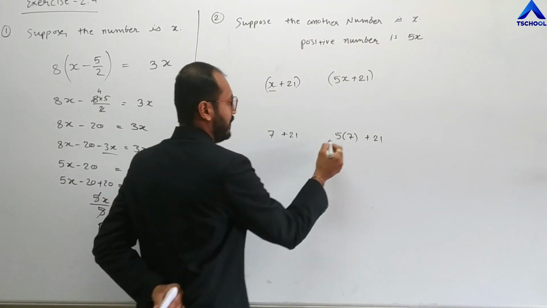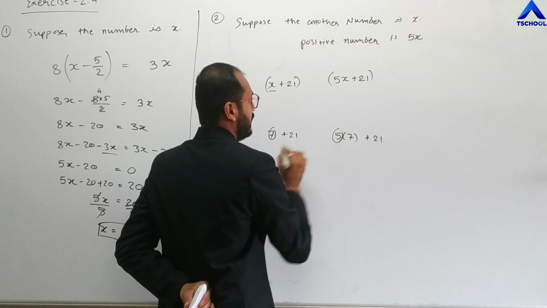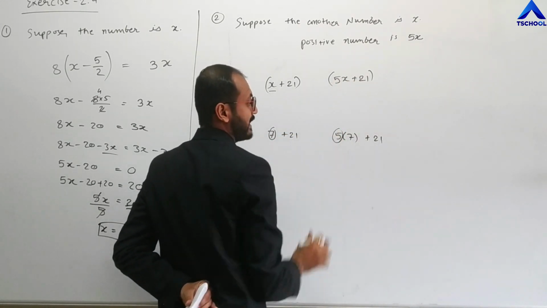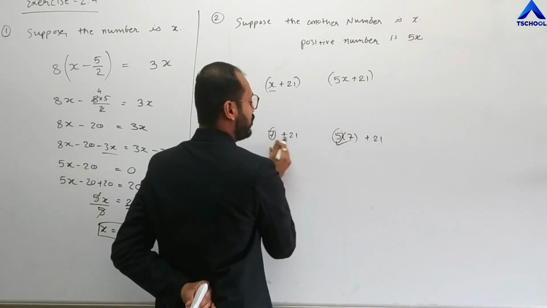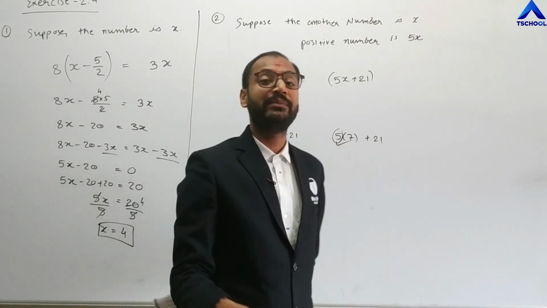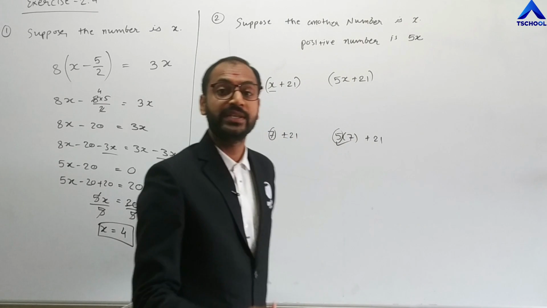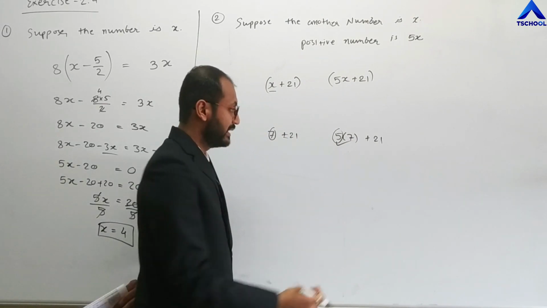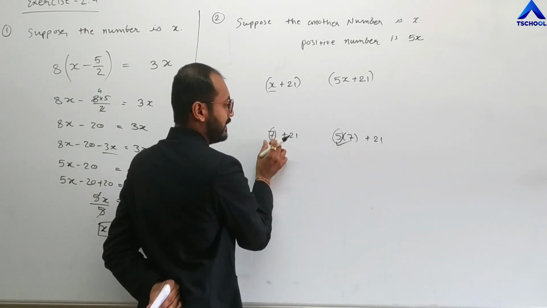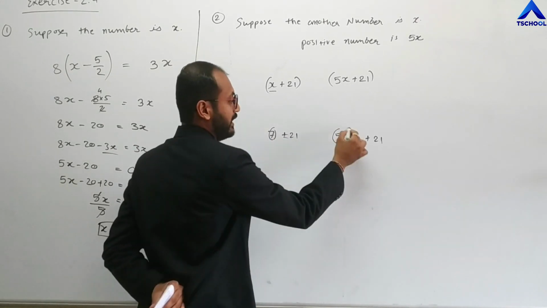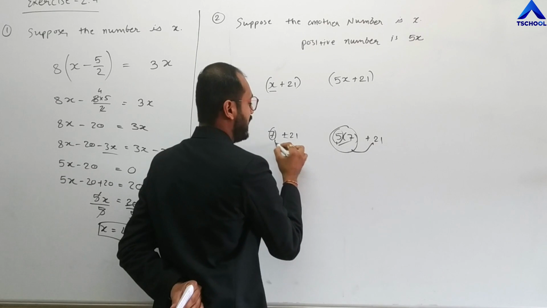Now, the value is x, but here this value is 5 times x, that means this number is already greater, and then 21 is added to both. So which number will be greater? This one. Correct? This is 7, and this is 5 times 7. And then 21 is added to both.